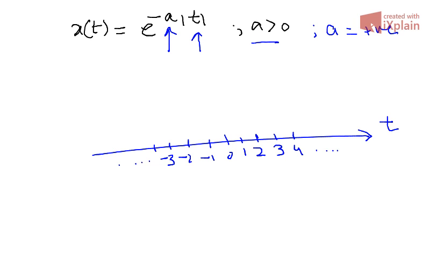So if you particularly observe this time axis, you have 1, 2, 3 towards the right, and minus 1, minus 2, minus 3.